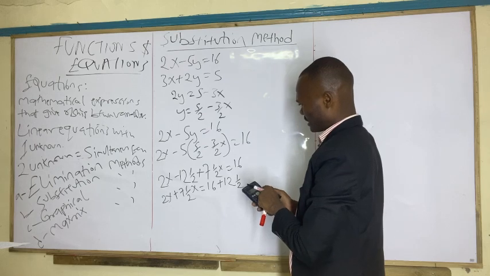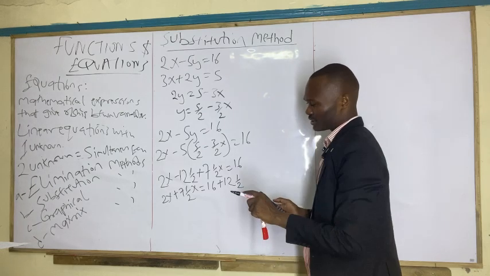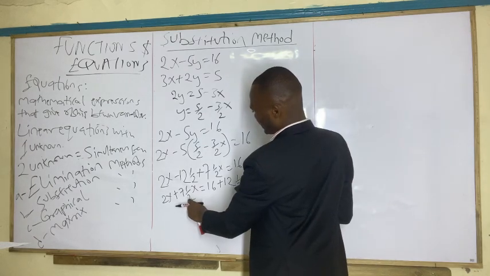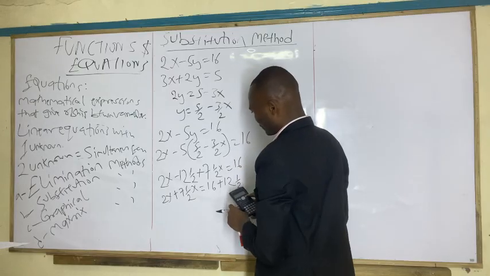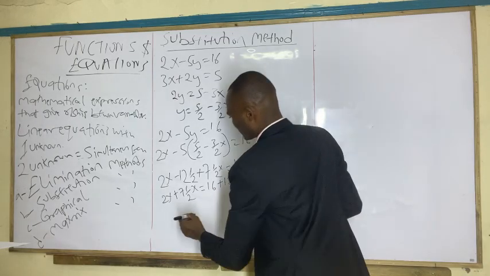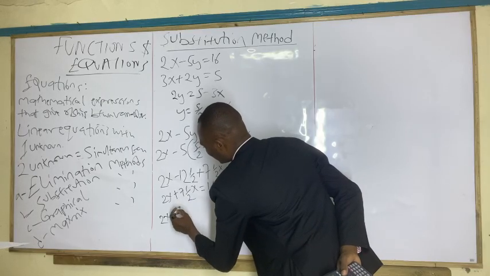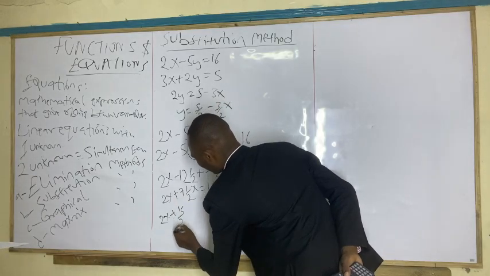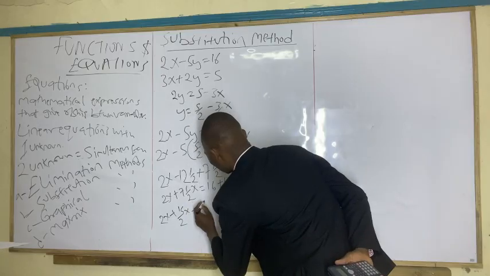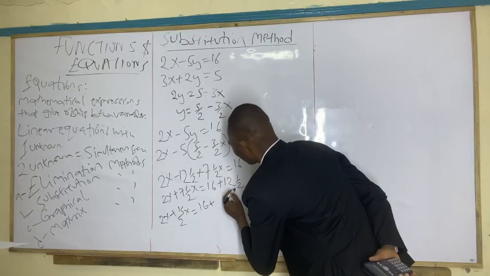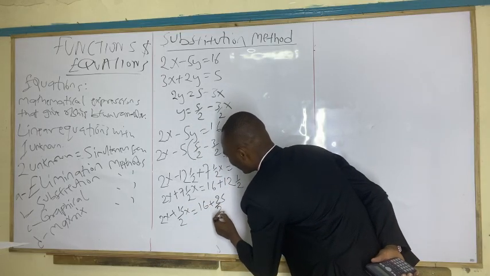I'm trying to do it easier, but you can decide. 7 times 2 is 14, 15. So you can say 2x plus 15 over 2 x is equals to 16 plus 25 over 2.